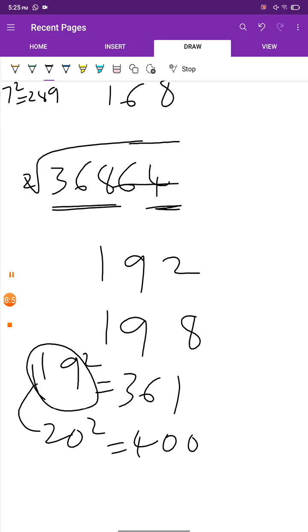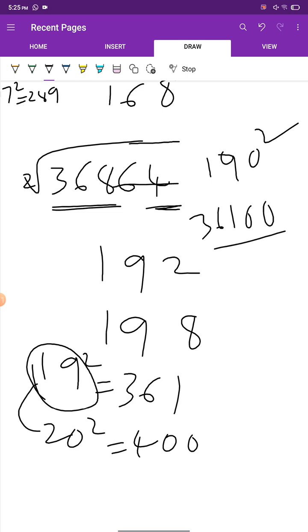So here we need to appropriate our answer. Let us check the square of 190, right? It is 36100, and the square of 200 is 440,000 something. So it is very far from 200 square. So it could be very far from even 198 square also.